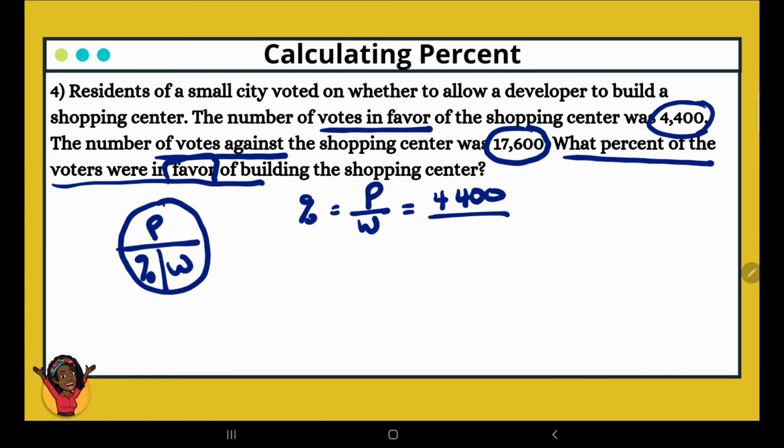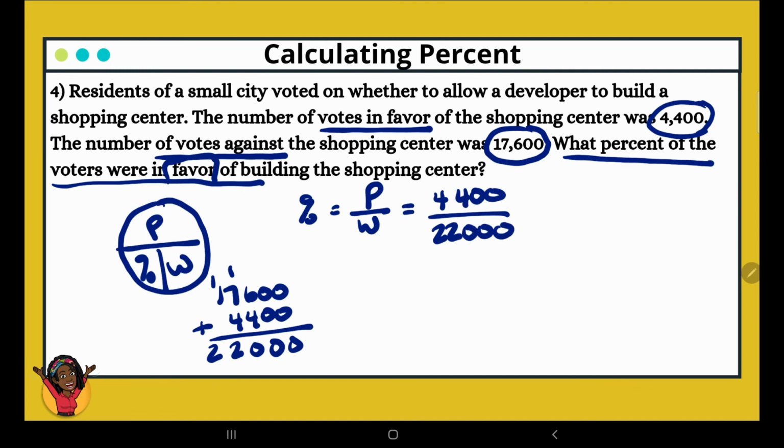So let's go ahead and add 17,600 and 4,400 together. 7 plus 4 is 11 plus 1 is 12. So we have that the whole here is 22,000.